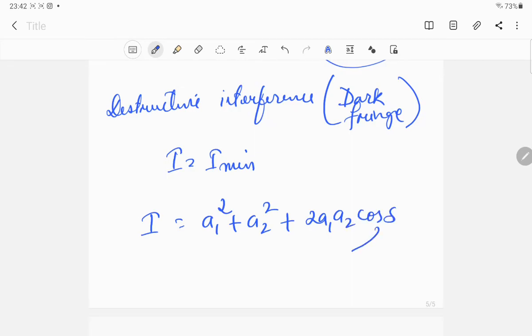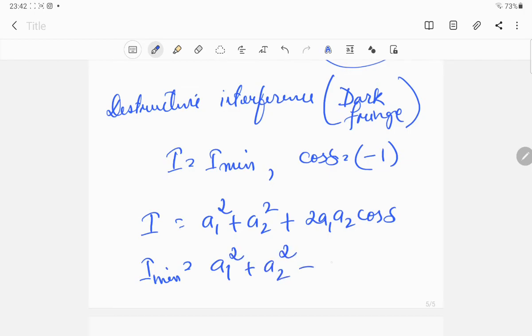As I said, cos delta can take either plus 1 or minus 1. To reduce the value, it should be equal to how much? Minus 1. So only when cos delta is equal to minus 1, what will happen here? I minimum will be equal to a1 square plus a2 square minus twice a1 a2.